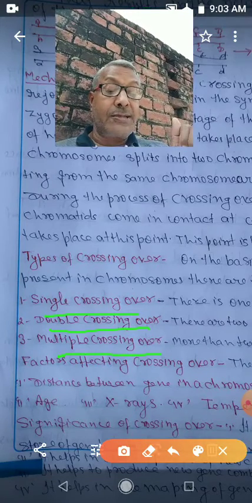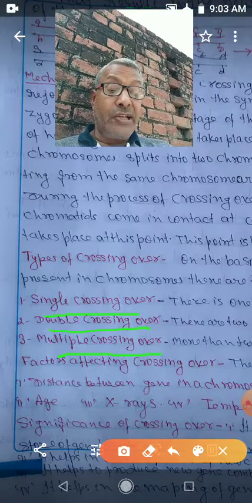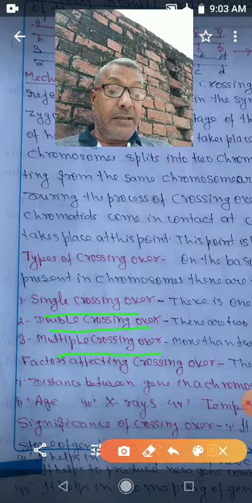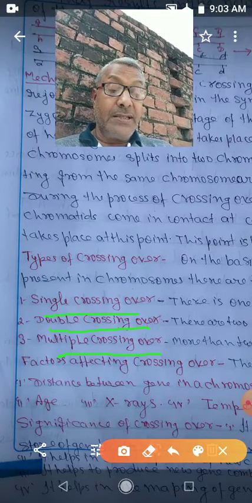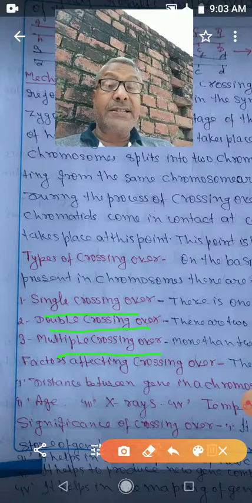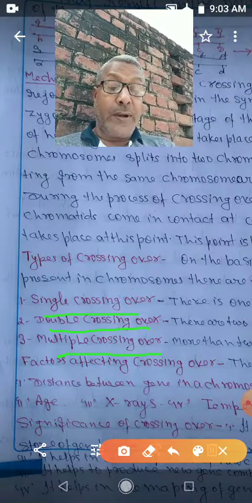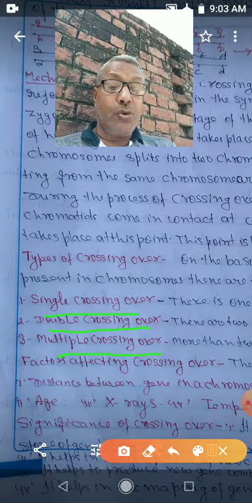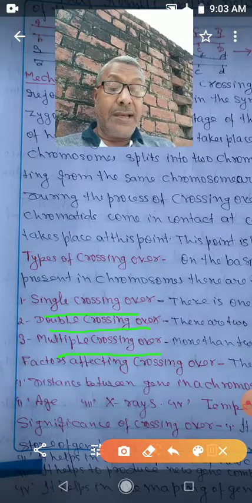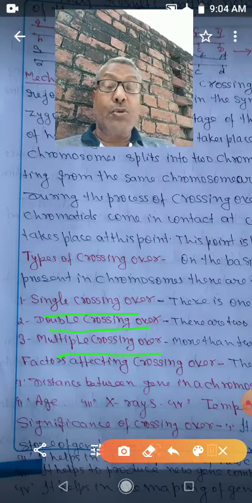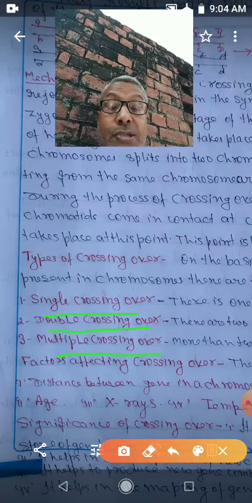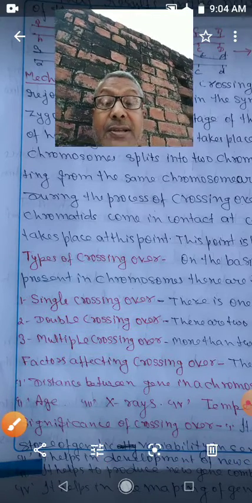Multiple crossing over occurs at more than 2 points. So the number of chiasmata formed is more than 2. It means the chromatids break and rejoin at more than 2 points. So that is called multiple crossing over. So this I told you, different types of crossing over.